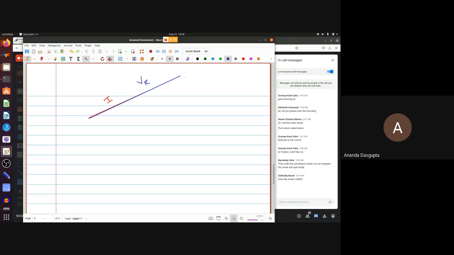Then you can talk about the voltage across the capacitance, which actually is 1 by j omega c. And because of this 1 by j, which is actually e to the minus j pi by 2, right? That's what minus j really is. 1 by j is minus j, and that is e to the minus j pi by 2.